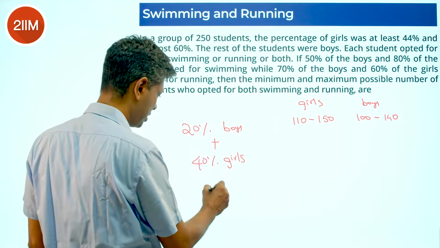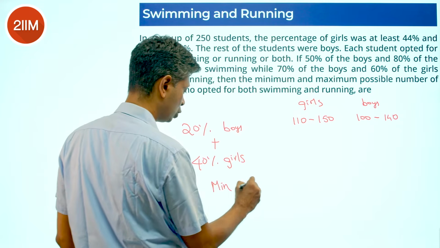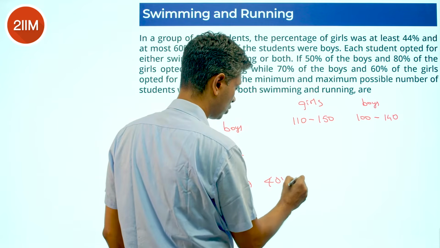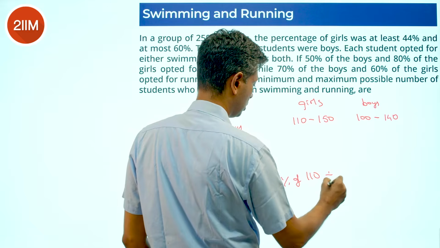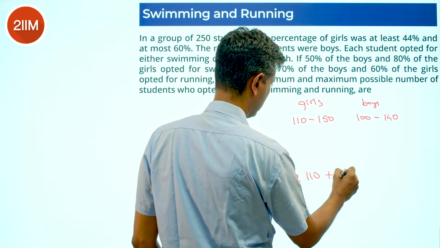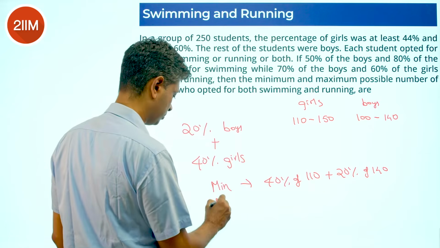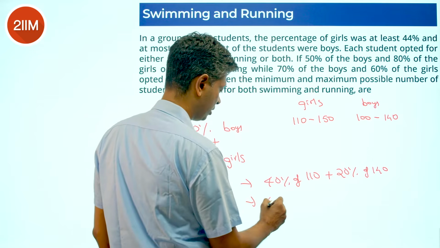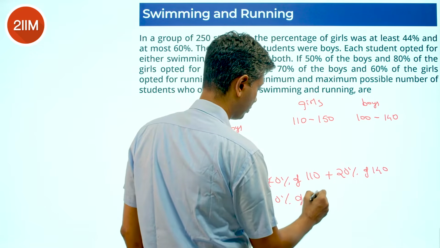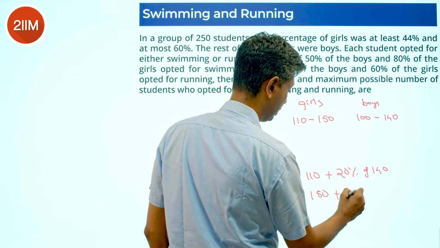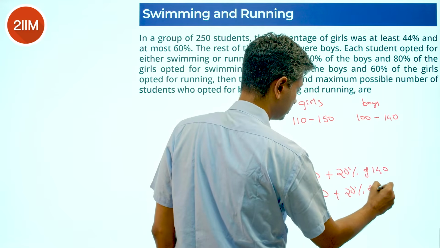If I'm interested in minimum, I'm going to do 40% of 110 plus 20% of 140. To do maximum, we're going to do 40% of 150 plus 20% of 100.